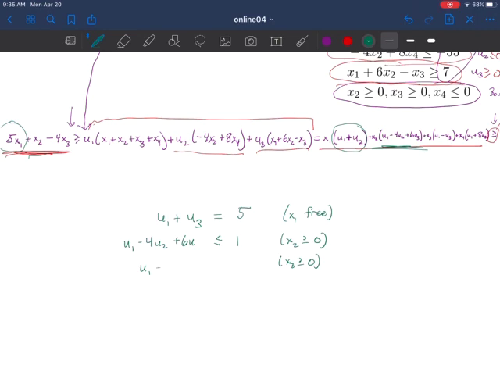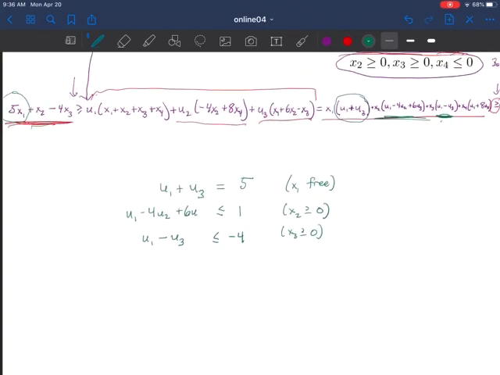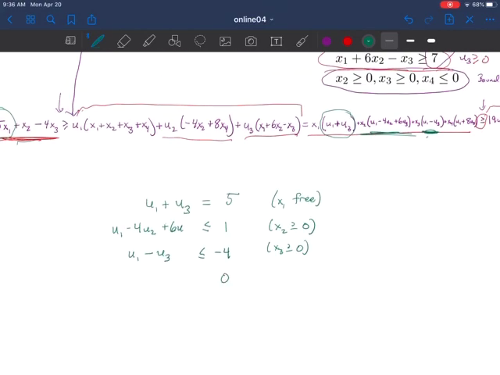Okay, we have x3 is greater or equal to 0. So actually, I already did the rationale here. We know u1 minus u3 is going to be less than or equal to minus 4. And you might say, well, there's no x4 in that objective. Well, that's the same thing as a 0 coefficient. And x4 is less than or equal to 0.